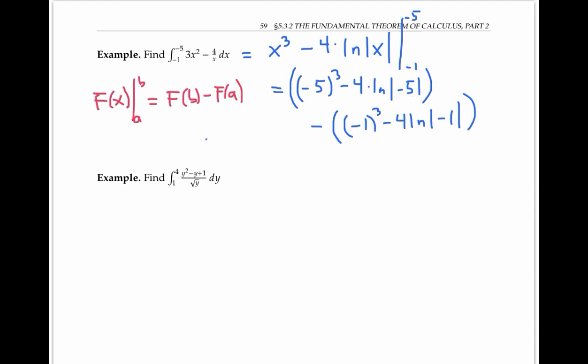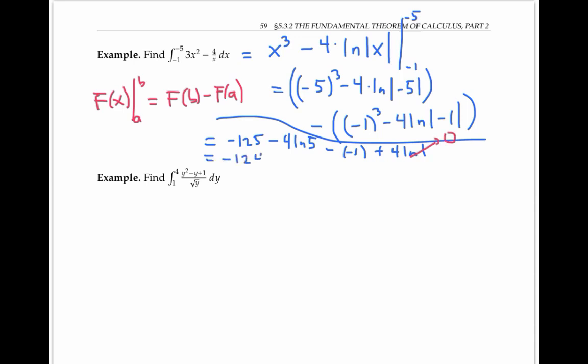I can simplify this expression a little bit. I get negative 125 minus 4 ln 5 minus negative 1 plus 4 ln of 1. Since ln of 1 is 0, this becomes negative 124 minus 4 ln 5. That's about negative 130.438.